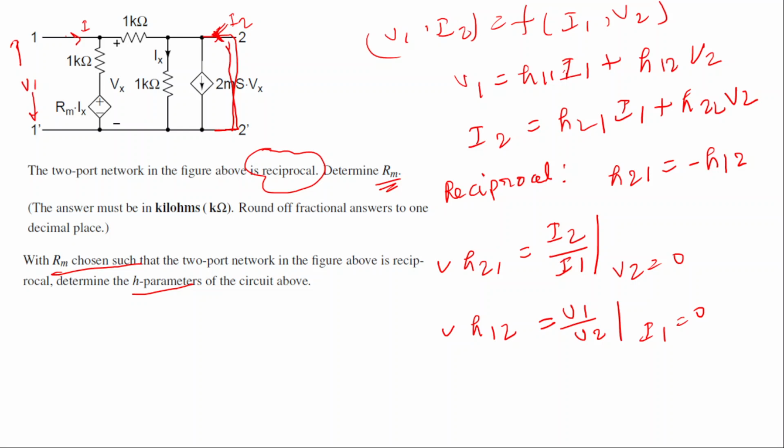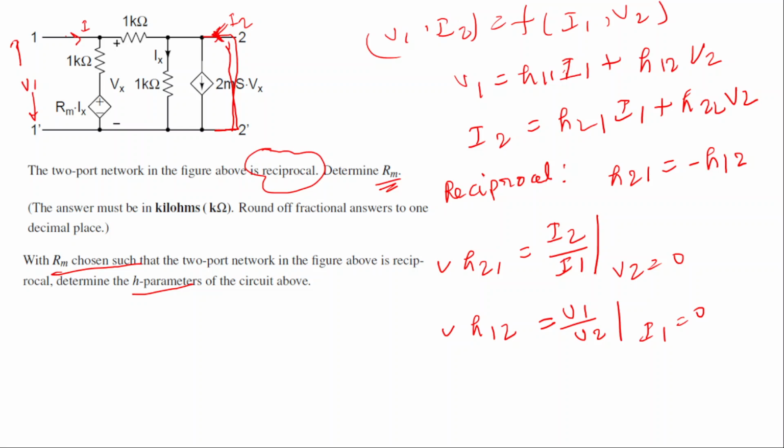Now let's apply the mesh equation in this loop. Because we have short circuited 2 and 2 dash, the voltage across this will be 0.